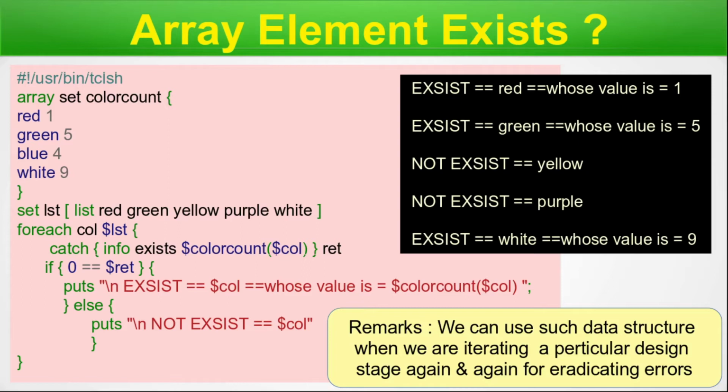So in this scenario you will get only the erroneous nets and their values. This is just a typical example of where you can use such a comparative data structure. Let's move on to the next slide. We're done with this particular slide.